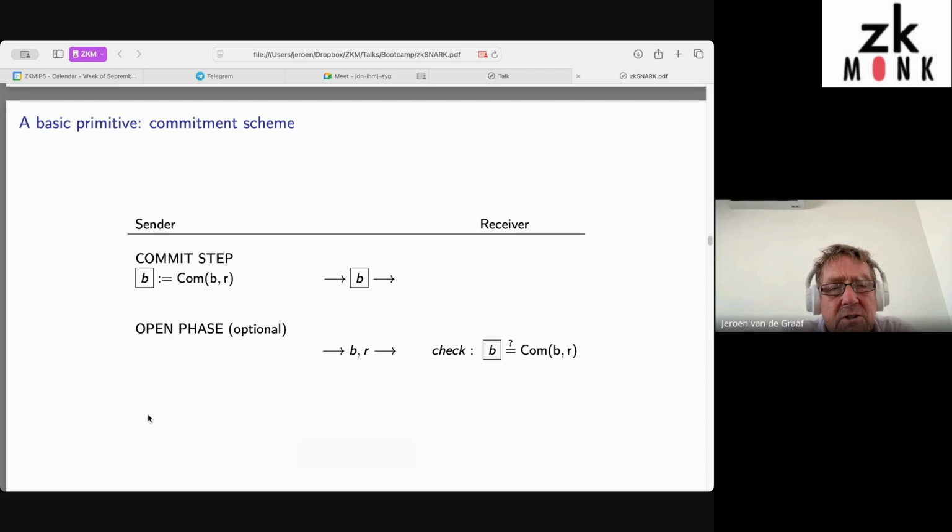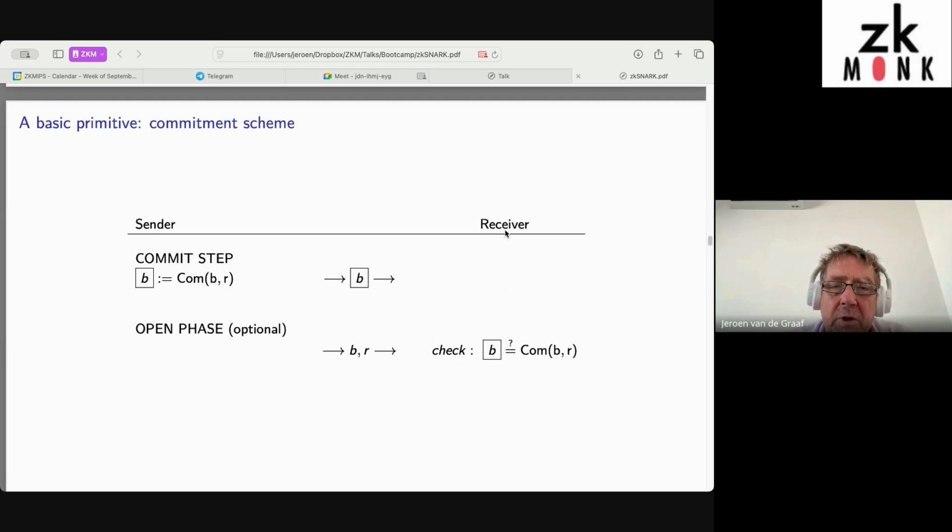Why is this honest? Because the receiver cannot see what's inside the commitment. So from his perspective, the contribution of the sender is random.